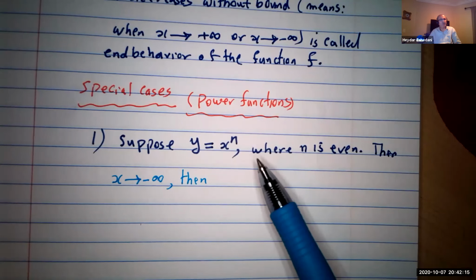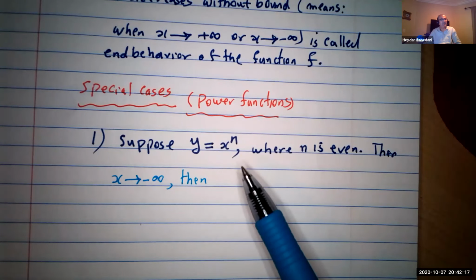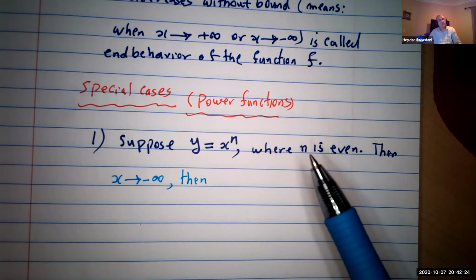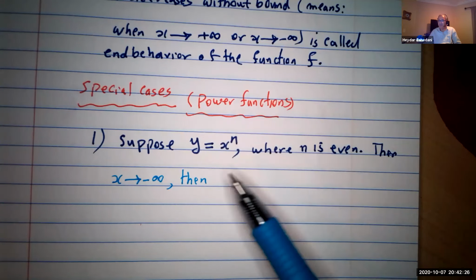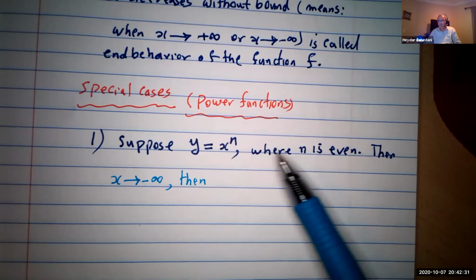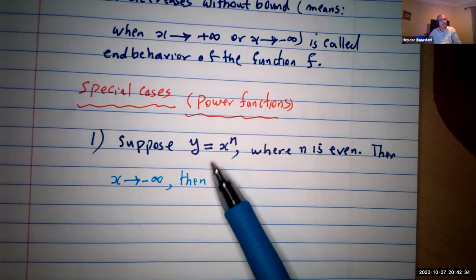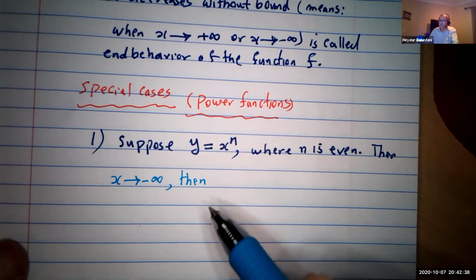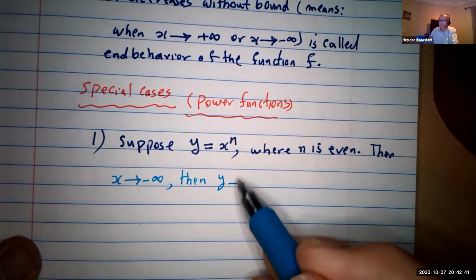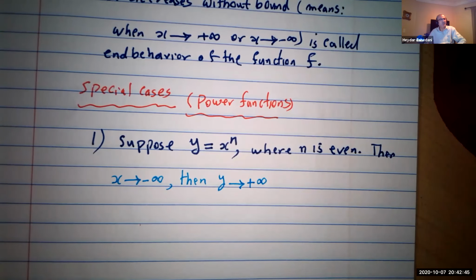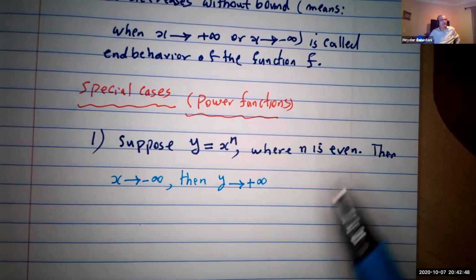To the 3rd, to the 4th, to the 6th, getting bigger and bigger. So the question is whether it goes to positive infinity or decreases. It's negative, but n is an even number, and any negative number to an even power is positive. So in this case, when x goes to negative infinity, y goes to positive infinity. You can cheat. Don't substitute. It doesn't make sense.